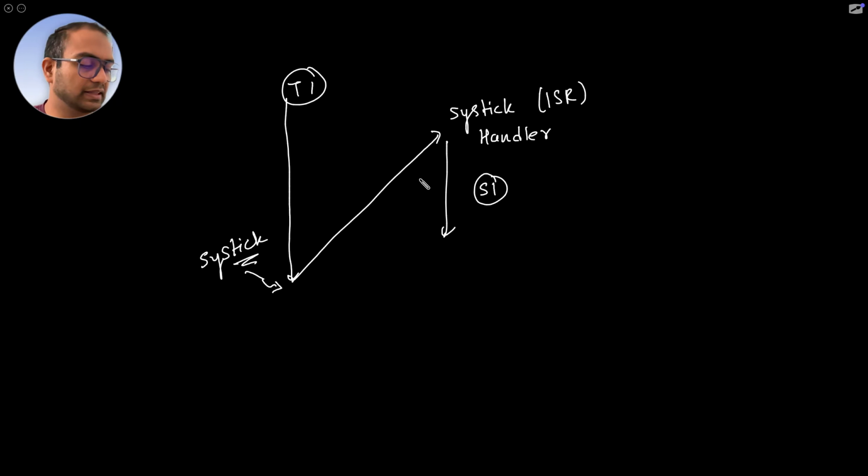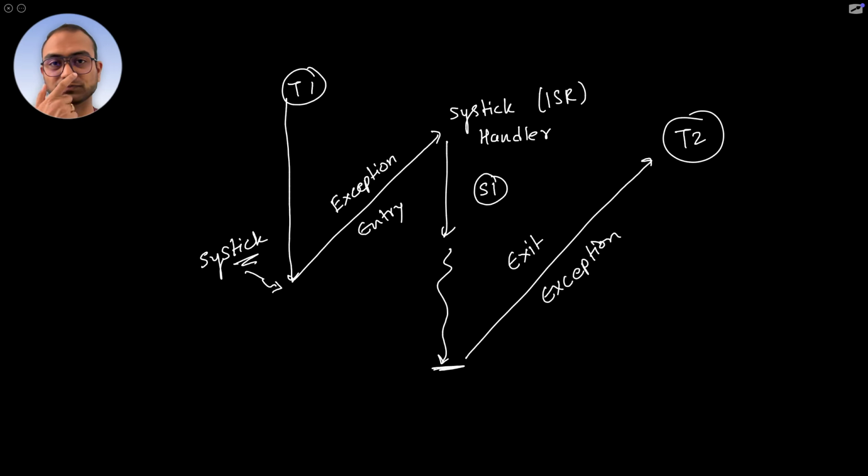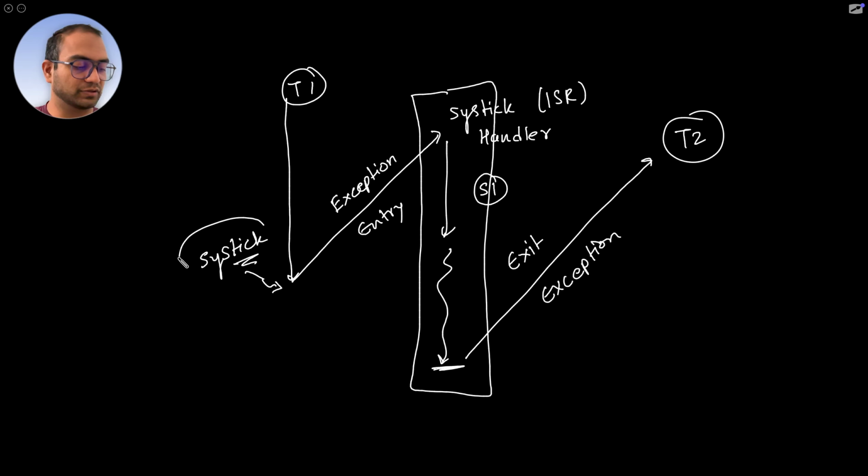This we call the exception entry. When it's done executing the ISR, it will exit out of the exception, and the exit will happen to Task 2. That we said was the trick: getting the CPU to execute the scheduler is because of the SysTick. That's how we achieve it.